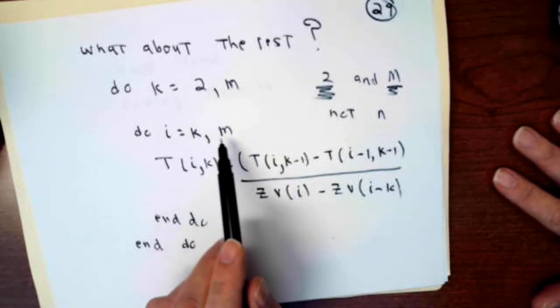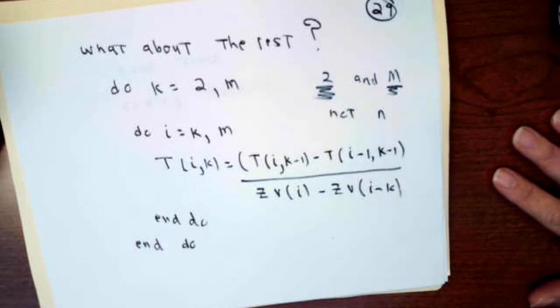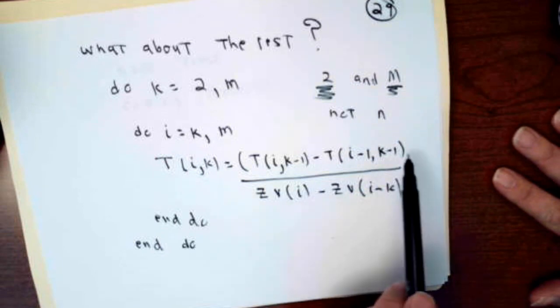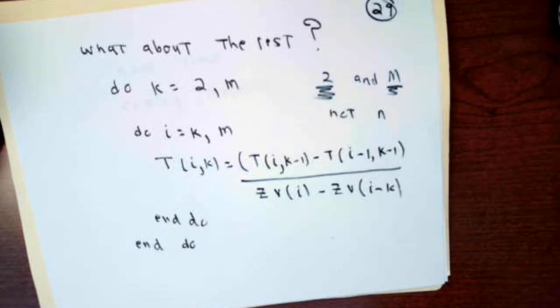Do i equals k to m. This formula, except for the fact I'm calling my array that holds my independent variable values z instead of x now, is exactly the same as the Newton divided difference form.